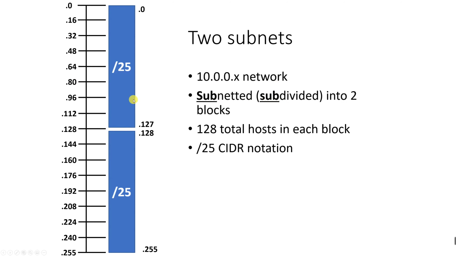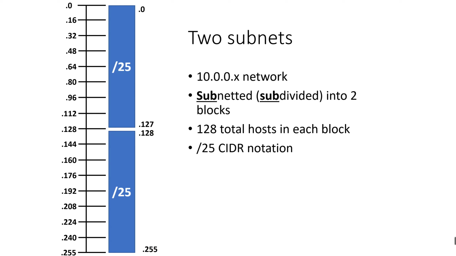We just subdivided this network into 2 smaller networks. The first network, the IP addresses range from 10.0.0.0 to 10.0.0.127. And then in the second subnet, those IP addresses range from 10.0.0.128 to 10.0.0.255. And the 0 is inclusive, and so each subnet has 128 total hosts.